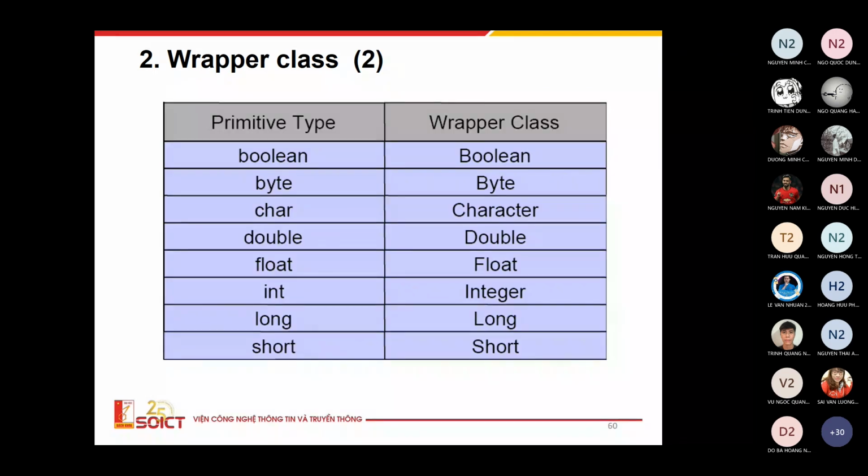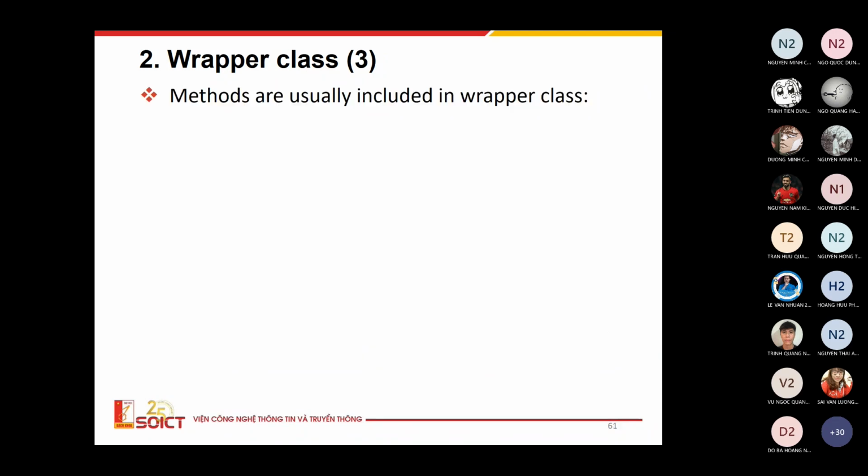For example, you have the primitive type boolean, and you also have the wrapper class Boolean, where the first character is capitalized. With byte, char, double, float, int, long and short, you all have the wrapper class. So what methods can you use in the wrapper class?